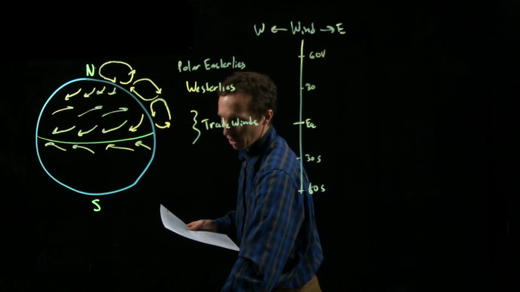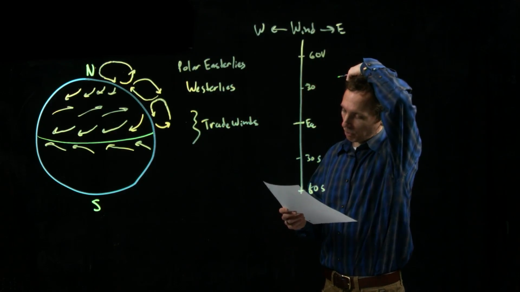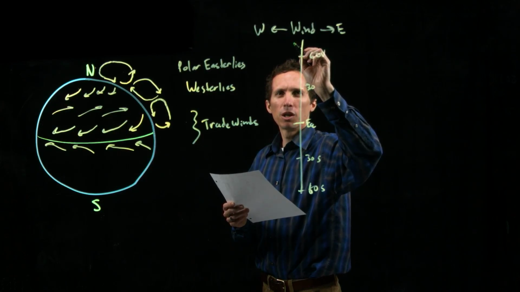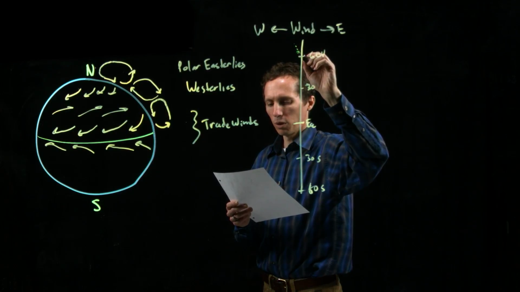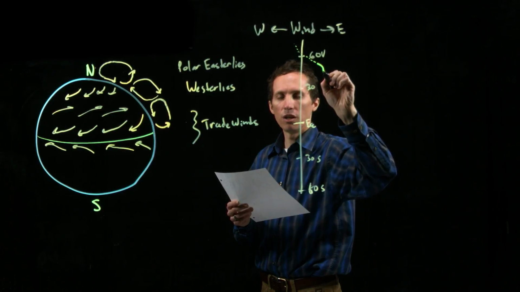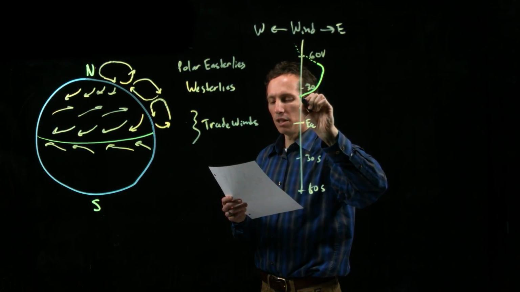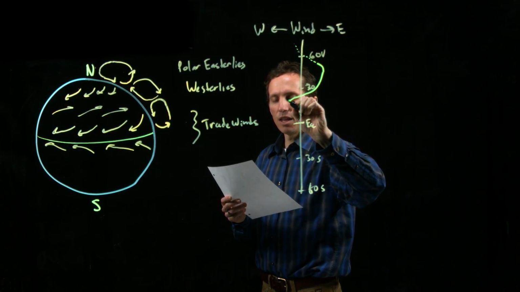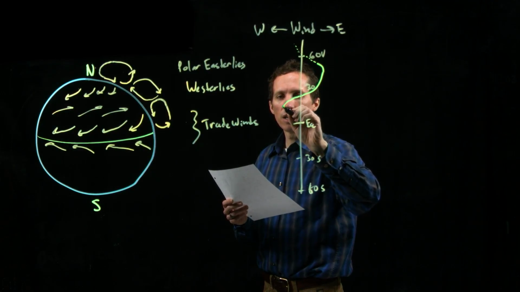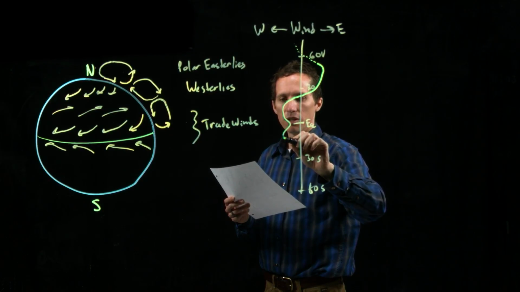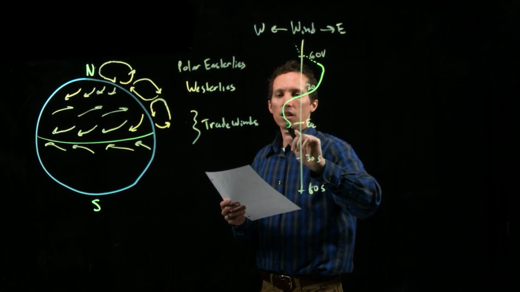The pattern, this plots, we've got essentially somewhat weak polar easterlies in the northern hemisphere, strong westerlies in the mid-latitudes, and then we've got these trade winds that are strongest on either side of the equator.